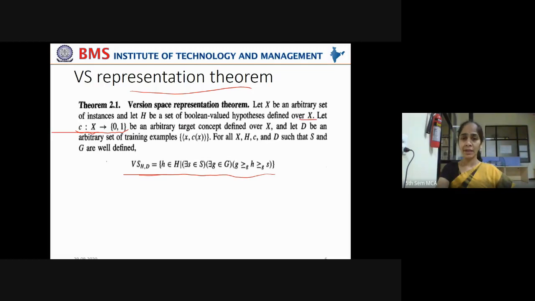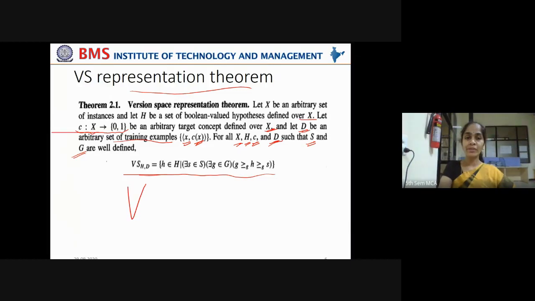And let D be an arbitrary set of training examples, each of the form X, which is a combination of all the attributes, and C of X, which is the label yes or no. Now, for all X, hypothesis space H, concept C, and training examples D, such that S, the specific boundary, and G, the general boundary, are well defined.